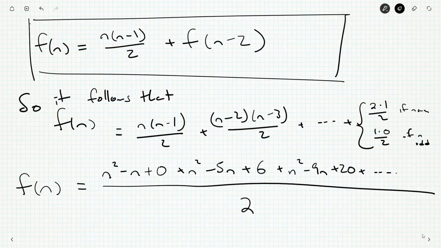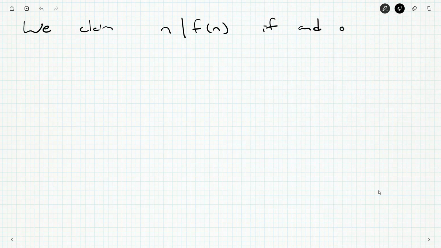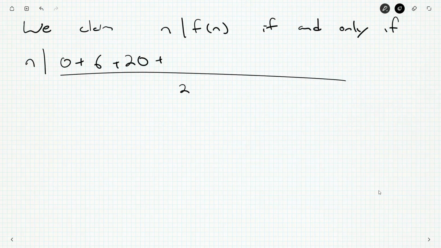I'll deal with the even odd after this one comment, but we claim n divides Fn if and only if n divides 0 plus 6 plus 20 all over 2 plus n over 2 floor. No, it was ceiling. It was ceiling, wasn't it? Yeah.